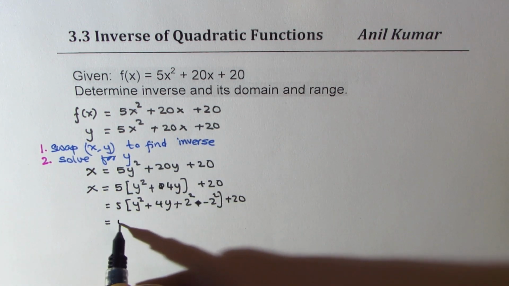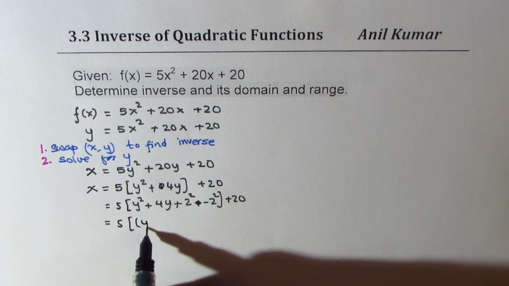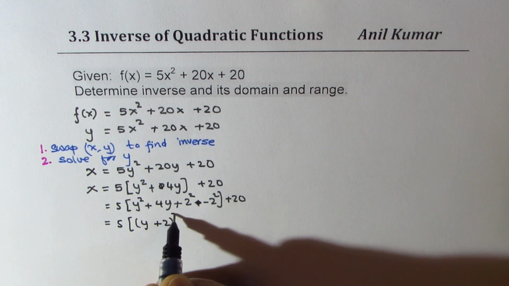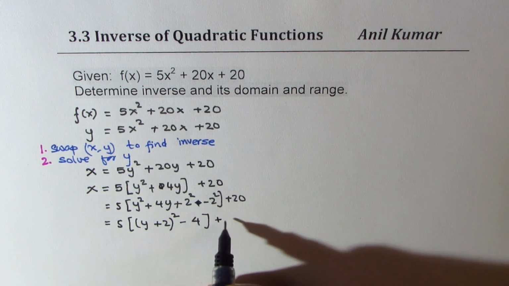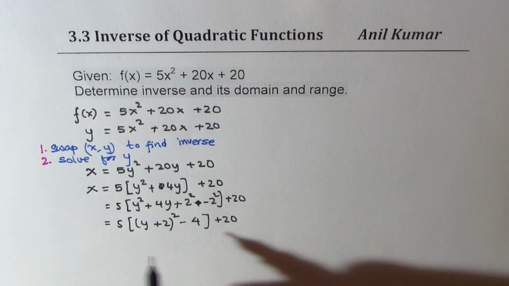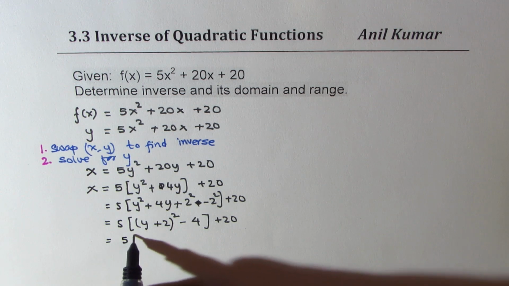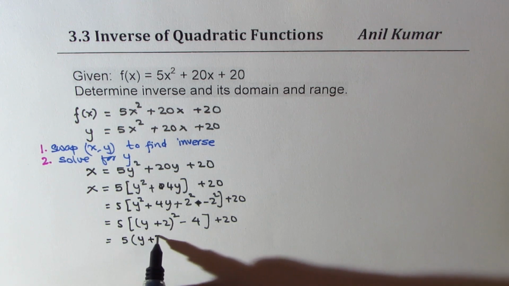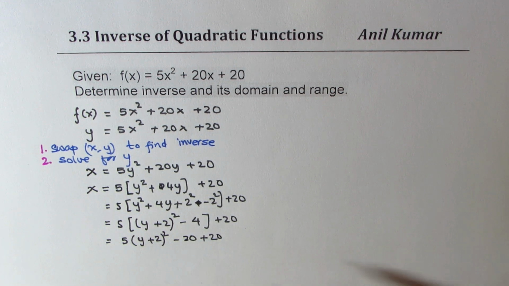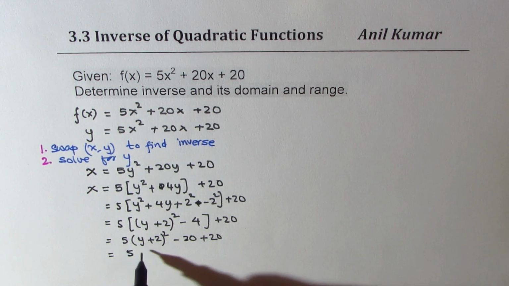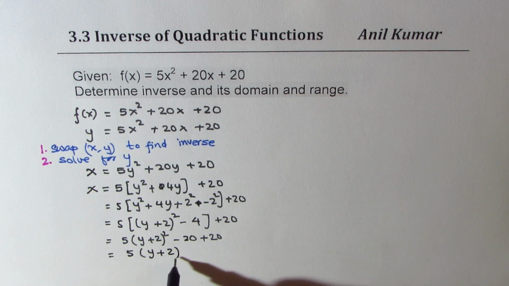That gives you a perfect square: (y plus 2) whole square, and minus 2 squared is minus 4, plus 20. Now we can open the bracket. So we get 5 times (y plus 2) whole square minus 20 plus 20. Well, they cancel away. So we get 5 times (y plus 2) whole square.